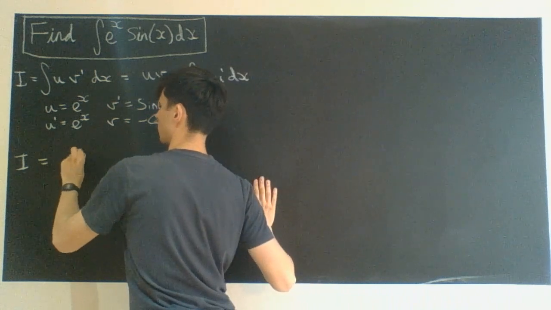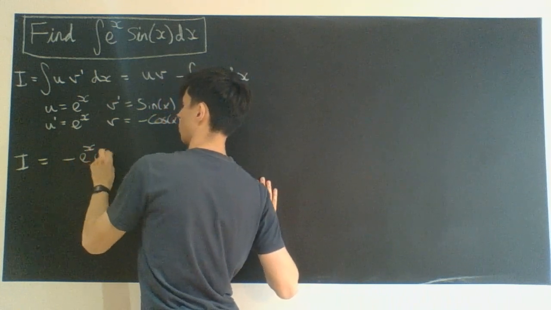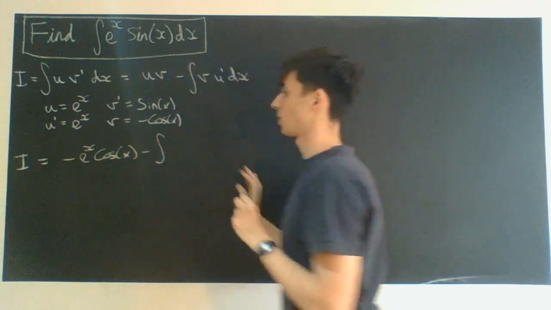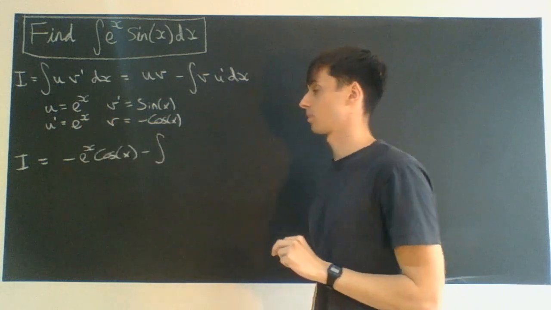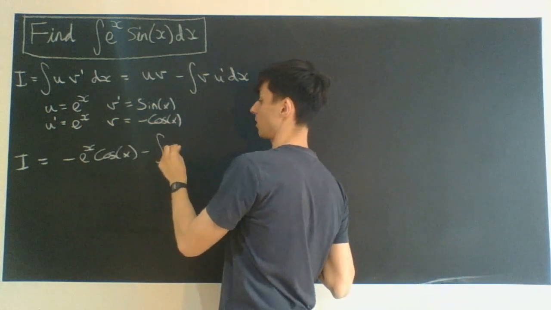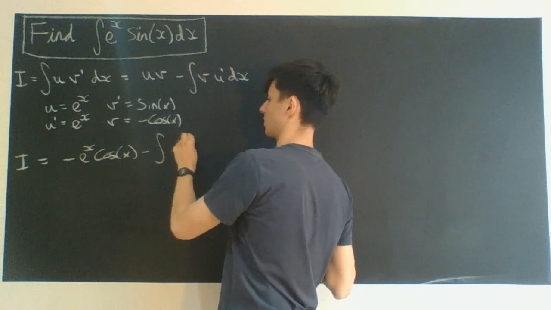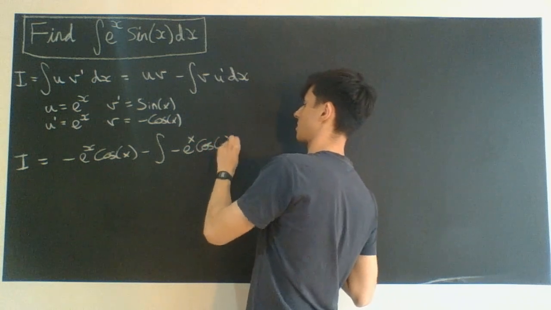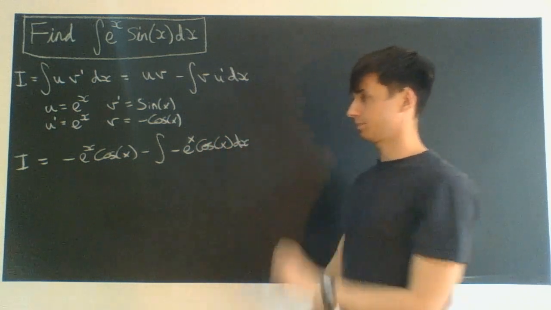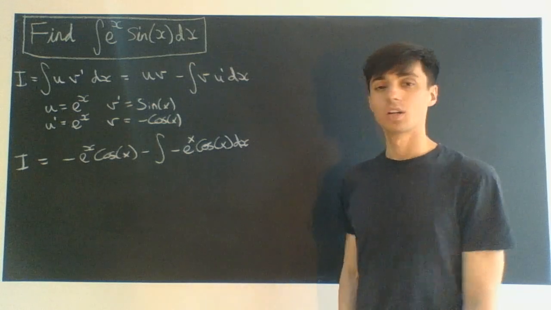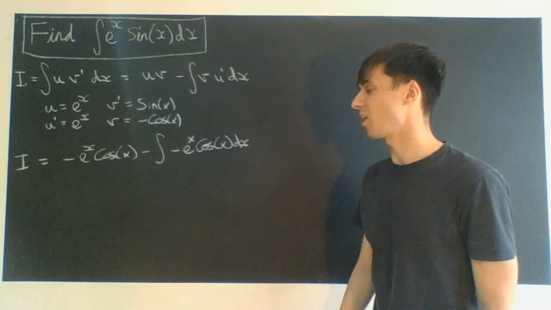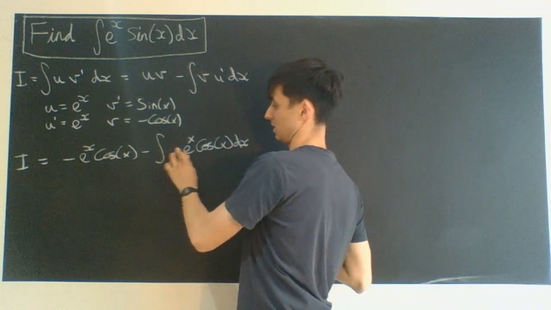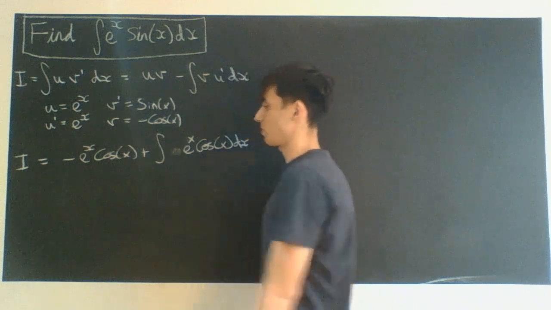So that gives us minus e to the x cos x minus the integral of v du dx. So minus the integral of minus e to the x cos x dx. Okay, well, first thing we can do here, we can actually make this look a bit nicer, because minus a negative in the integrand, we can get rid of it and just make this a plus.